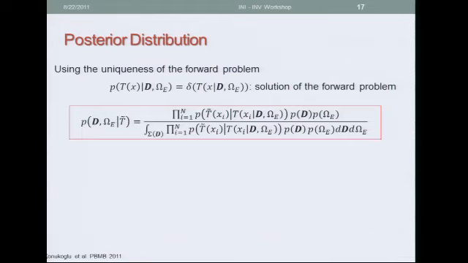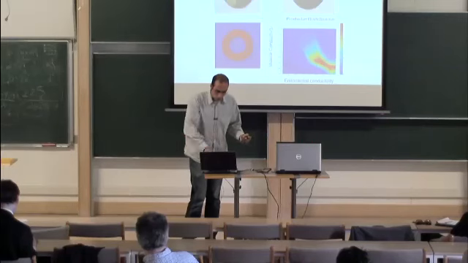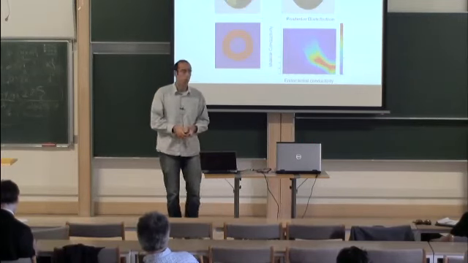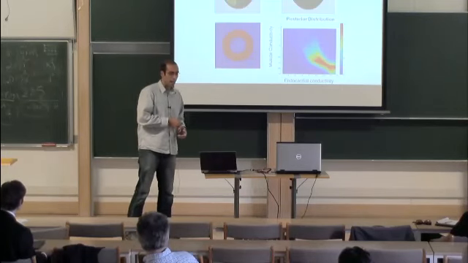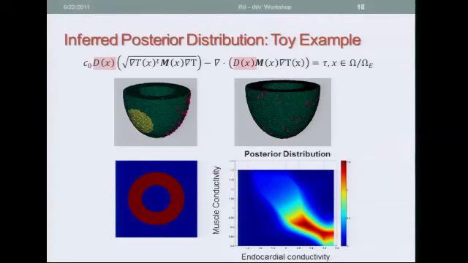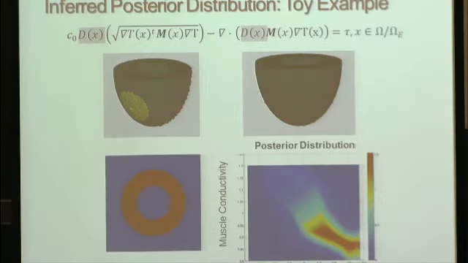Now, let me try to give you an intuition of what this posterior distribution will look like in terms of the parameters. I've created a very simple toy example here where this is my left ventricle, which looks like a cup. I'm starting an electrical wave right here in this green region. Furthermore, I will take observations from the other side of the cardiac tissue around these red points.